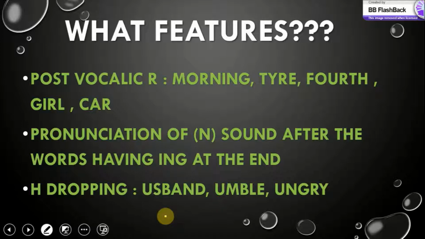You can pronounce this word in two ways, with the R or without pronouncing the R. Tire, fourth, girl, car, with the R pronunciation or without it. So it depends, and this pronunciation tells you which social class you belong to. We will explain it further on.